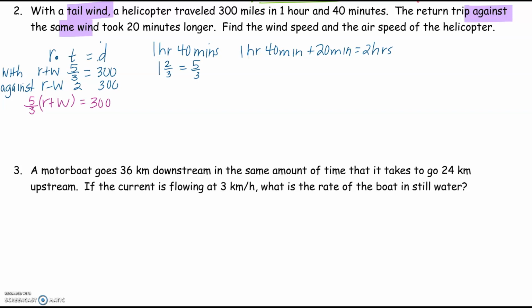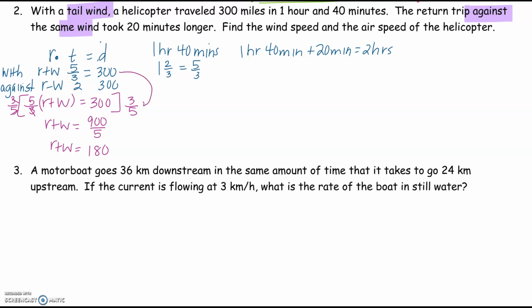There's no point in multiplying by 3 and then dividing by 5. Let's just multiply through by the reciprocal, 3/5. When I do that, this all becomes 1, or R plus W, and then I'm going to end up with 900 over 5. 5 does go into 9 one time, into 48. So R plus W equals 180.